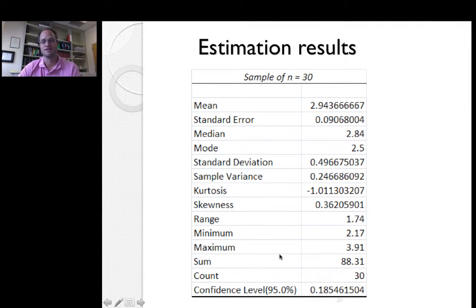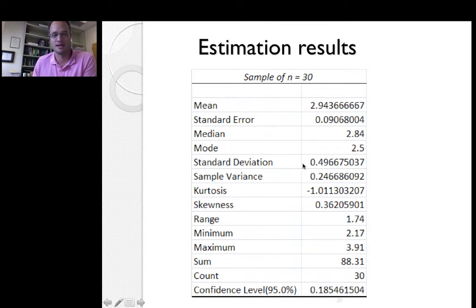Here are the results from using descriptive statistics in Excel. The mean value of 2.94, okay, that is different from 3.05, but the question is, is it different enough from 3.05? Can we attribute it to chance, or are we finding evidence that the mean is different from 3.05? The standard error right here, 0.0907, is S divided by the square root of n.